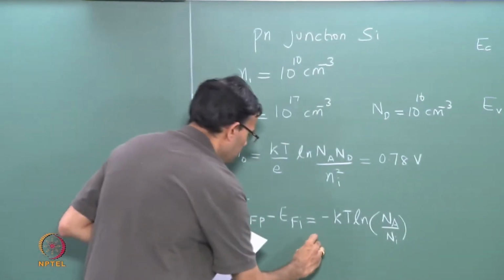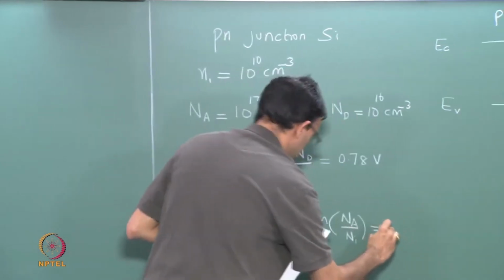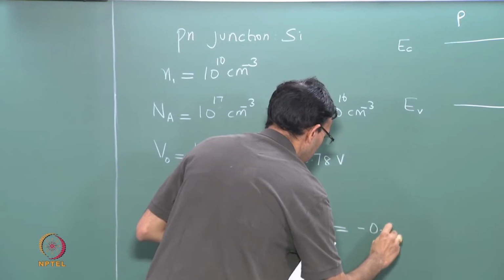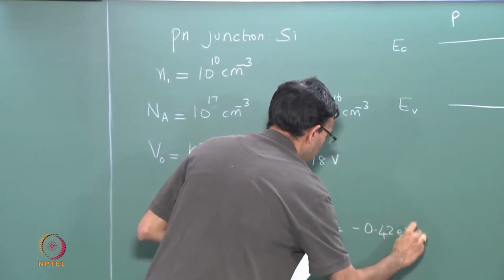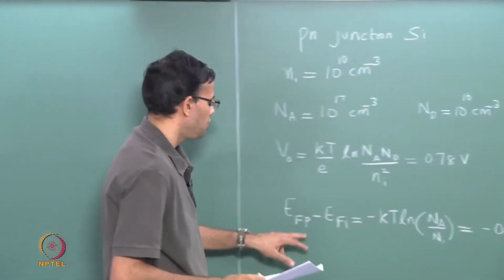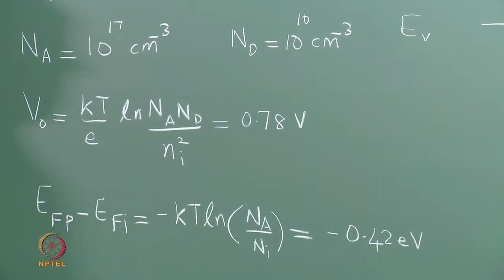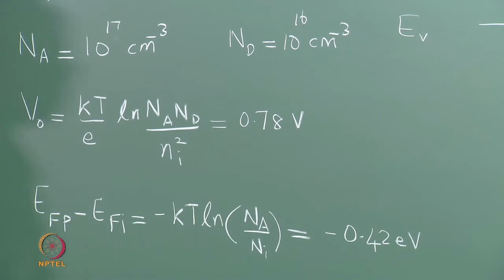So if you do the numbers, this is equal to minus 0.42 electron volts. So, in the case of a p type, the Fermi level is located 0.42 electron volts below the intrinsic Fermi level.